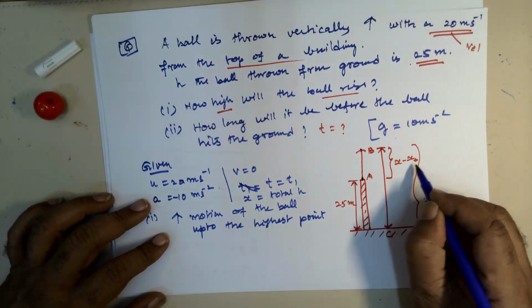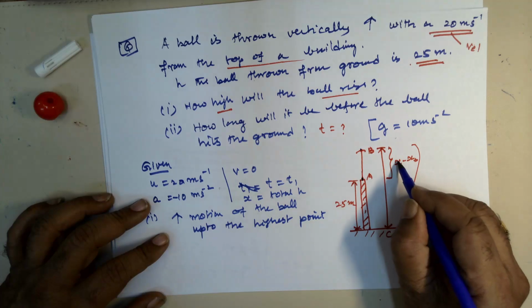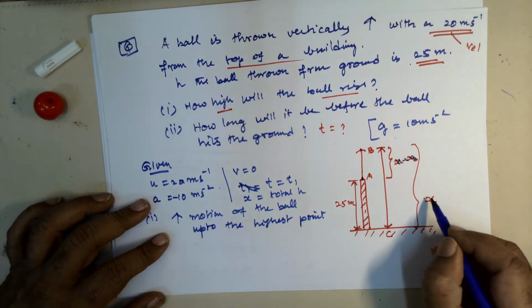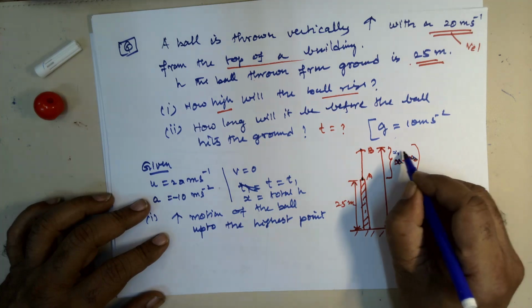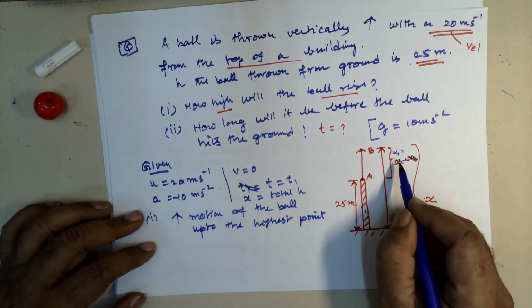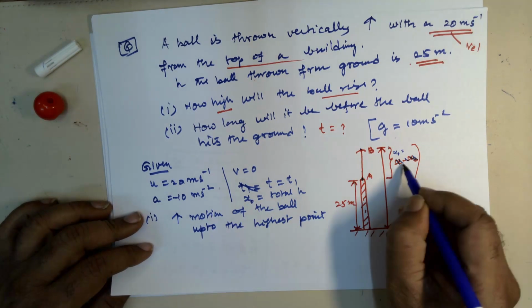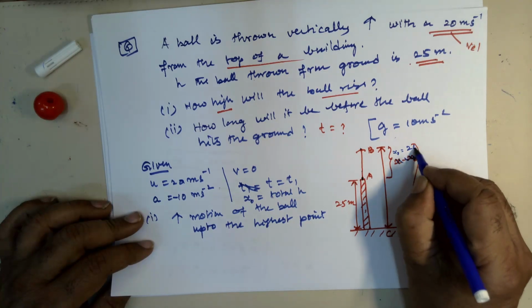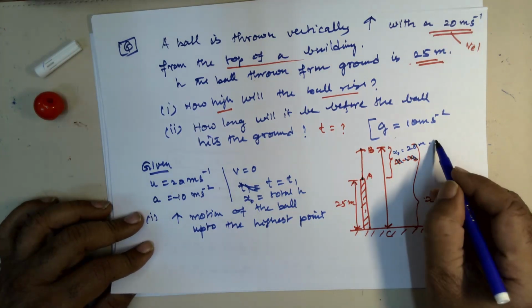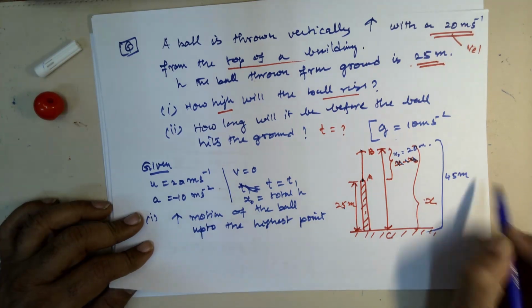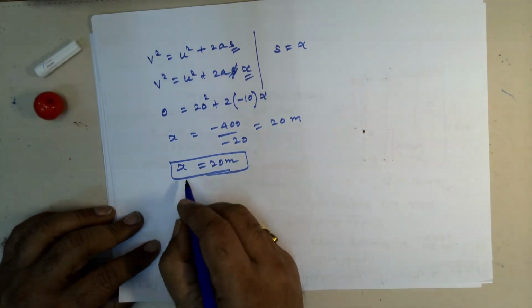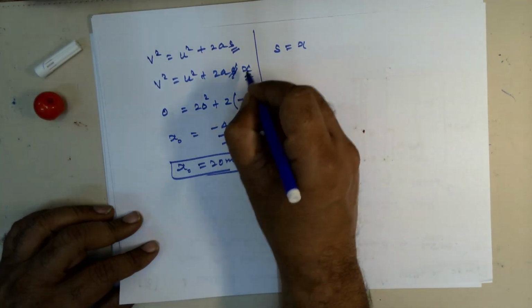Okay. So let us call this x naught. So this x naught, from that position, is 20 meter. Now we have to declare this as 25 plus 20. That is 45 meter. That's correct. Okay. So you can put x naught.